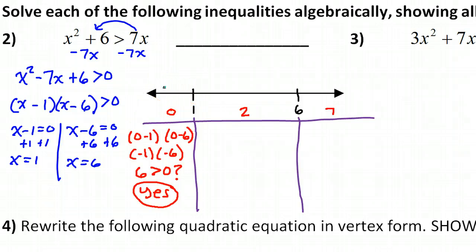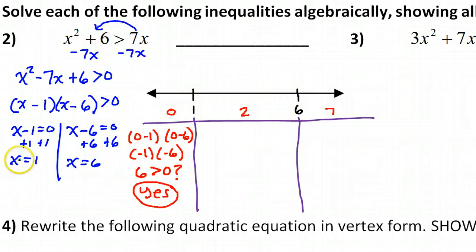Before I go any further, I should look at 1 and 6 itself. At 1 and 6, it's either going to be open circles or closed circles. Either these are solutions or they're not. Well, 1 and 6 are where the graph equals 0.